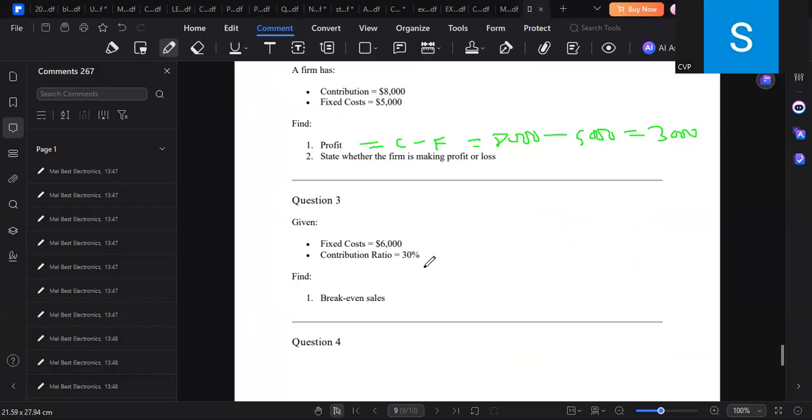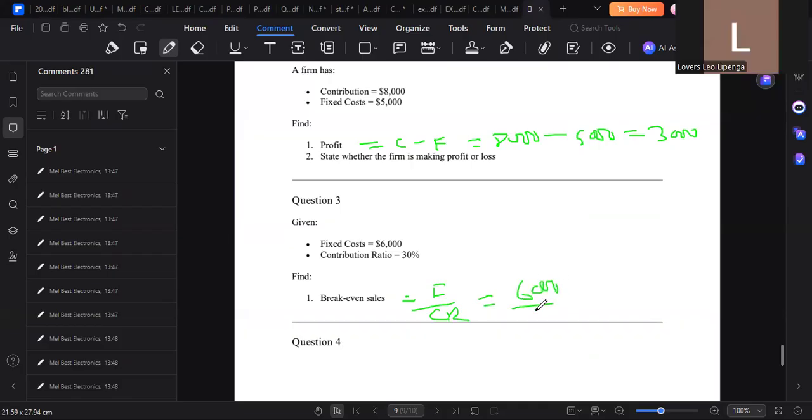Let's go to this here. We're given the fixed cost as 6,000, and our contribution ratio is 30%. Let's calculate the break even of sales. What's the formula for break even of sales? Fixed cost over contribution ratio. What is our fixed cost? 6,000.